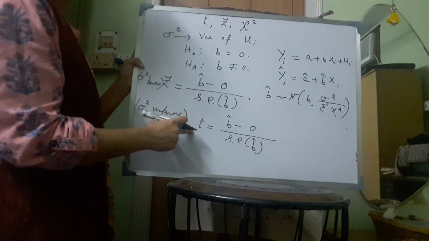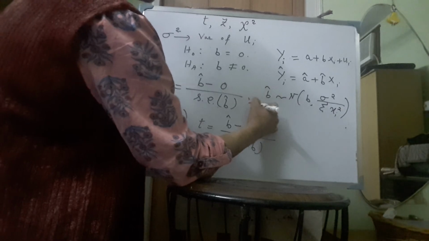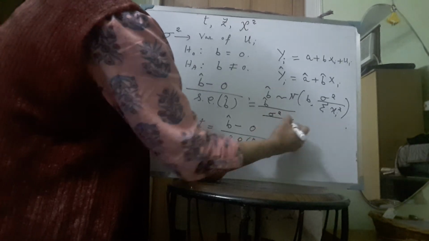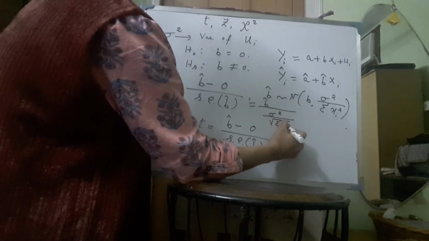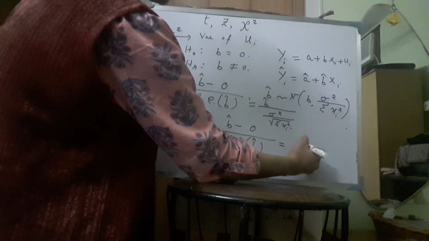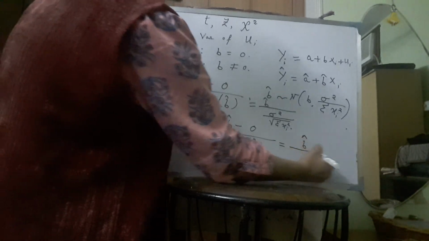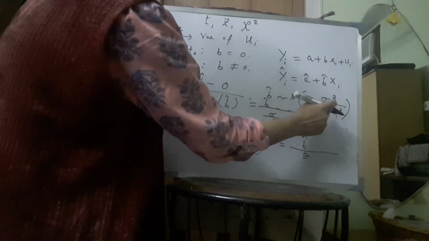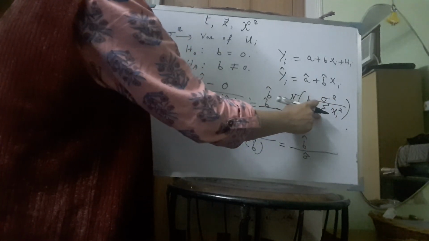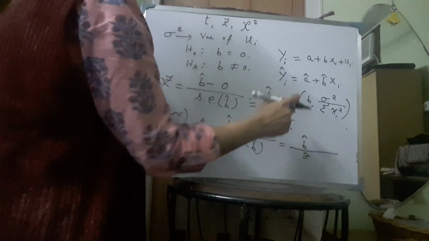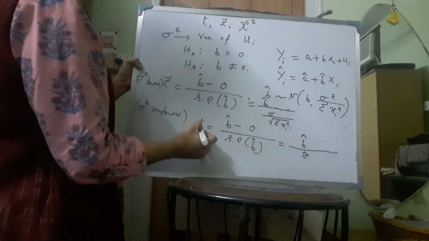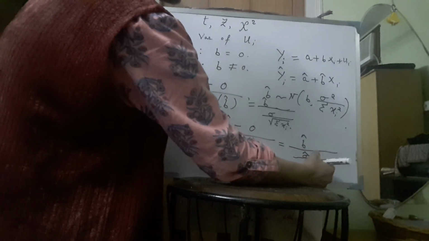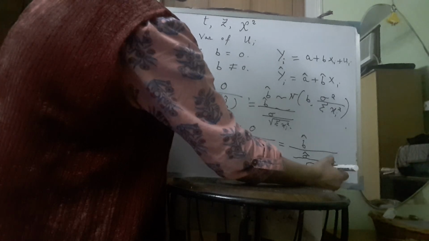So in case of the Z statistics, this can be written as b hat upon sigma divided by under root summation of small xi square, and in case of the T statistics, T is equal to b hat upon sigma hat divided by under root of summation of small xi square. The standard error is the square root of the variance, so it becomes sigma.